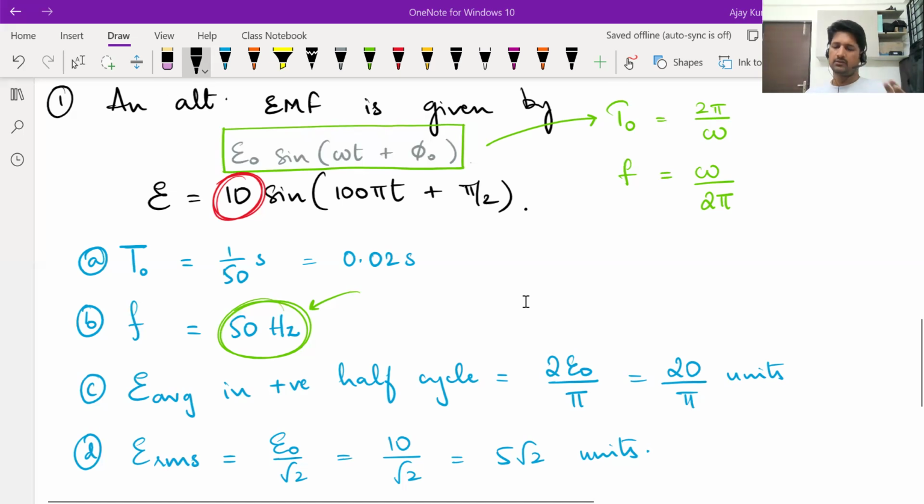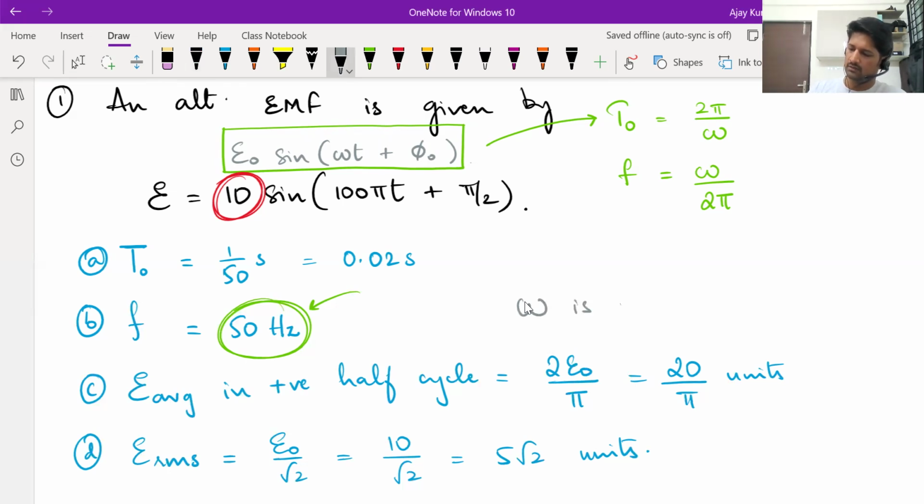Okay. So if you are given an equation of alternating EMF, you can tell these things from that equation. Average value, RMS value, time period, frequency. And what is the name given to omega? What is it called? Omega is called angular frequency of the function.